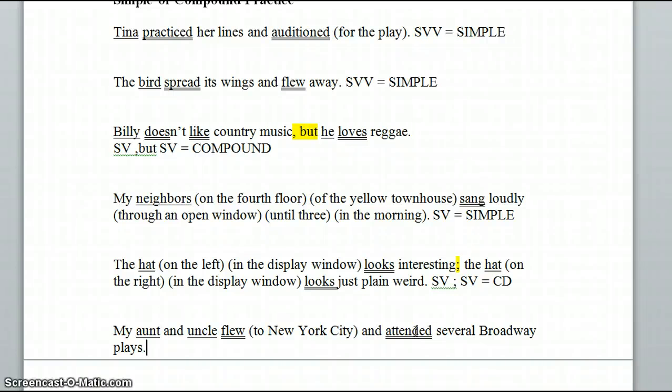Well, in order to answer that question, can you see how we have to go all the way back up to the front? Aunt and uncle attended. So this is an SSVV, and that is simple.